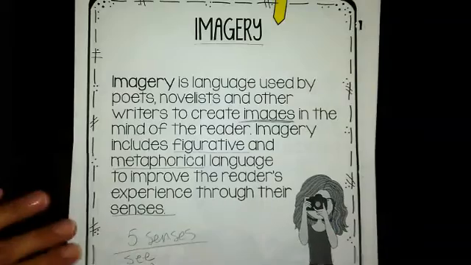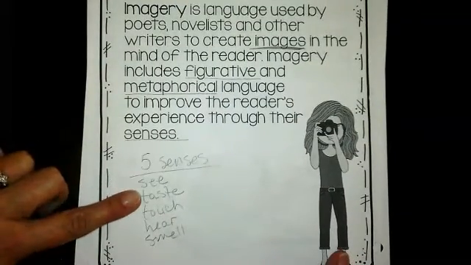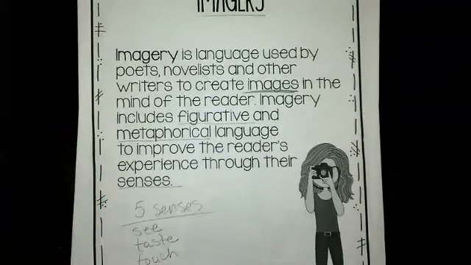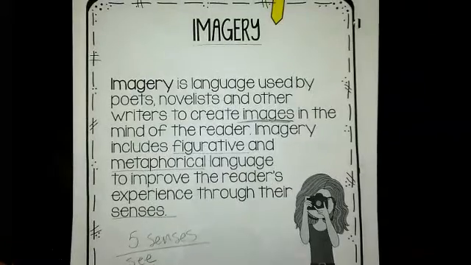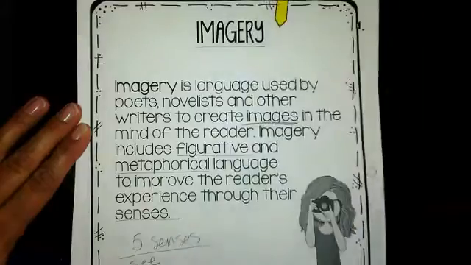What pictures pop up in there? And imagery uses our 5 senses. It uses sight, taste, touch, smell, and hearing. Things that the poet wants you to see in your mind, they will normally describe through using 5 senses or sensory language. So imagery, what picture do you get in your head?